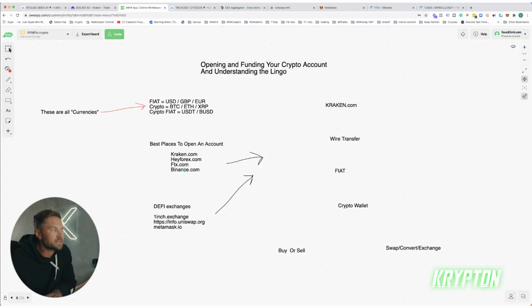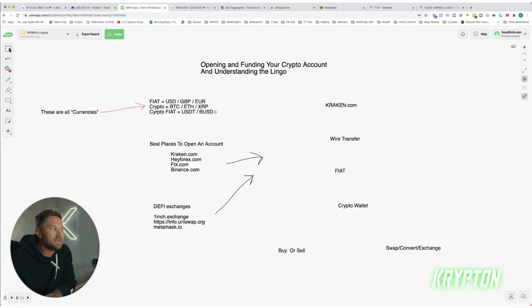Then there's also different forms of crypto fiats, essentially. They're called stable coins, and they're basically pegged to the US dollar or pegged to the British pound. You're going to see this sometimes a lot. In some places like Binance.com, when you're putting money in your account, they're going to ask you if you want to do it in BUSD or you can do it in USDT. BUSD is just Binance's version of the US dollar.